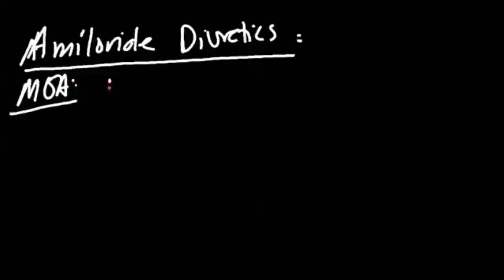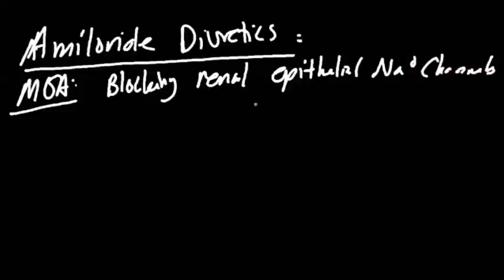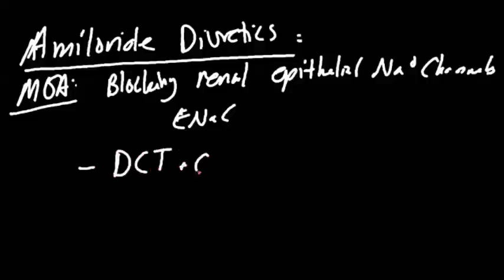Well, it's going to be blocking the renal epithelial sodium channels. Well, what does this tell us? Well, this sodium channel is called the ENaC channel, and we're going to be talking about the distal convoluted tubule and the collecting duct. That's going to be the primary location.